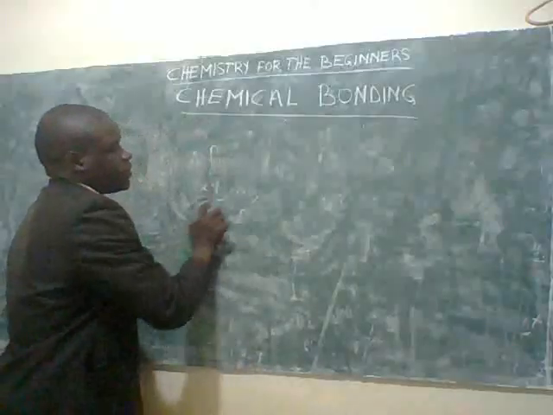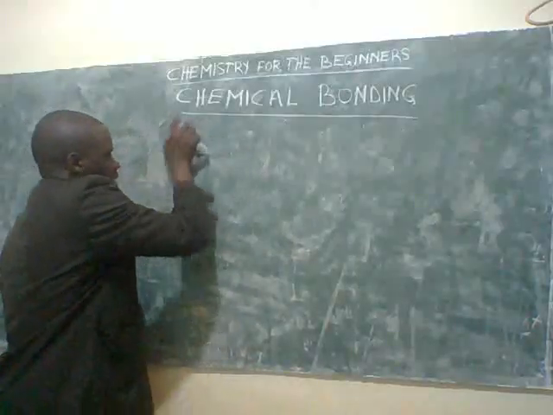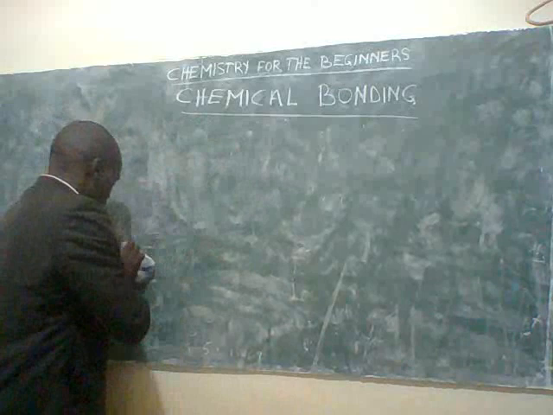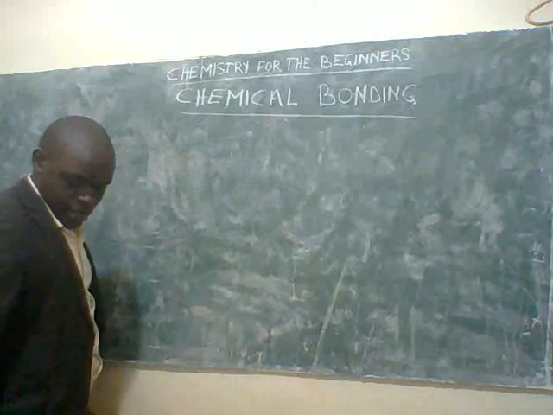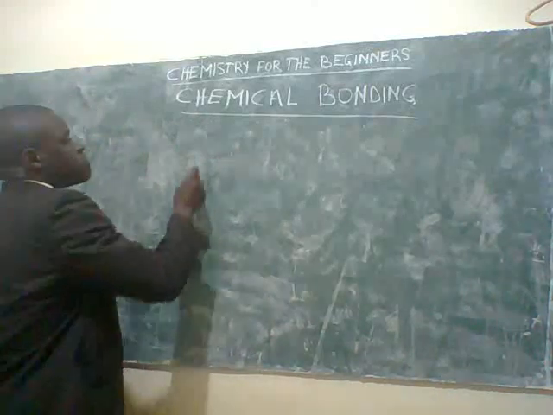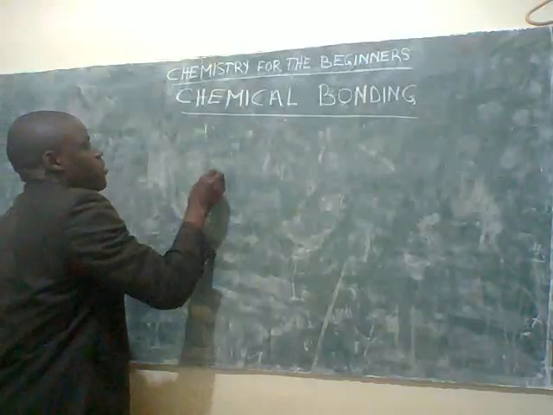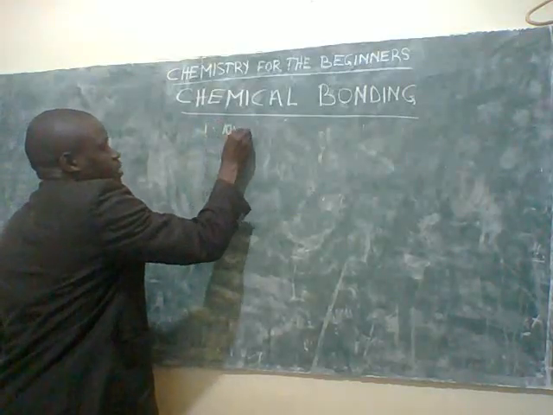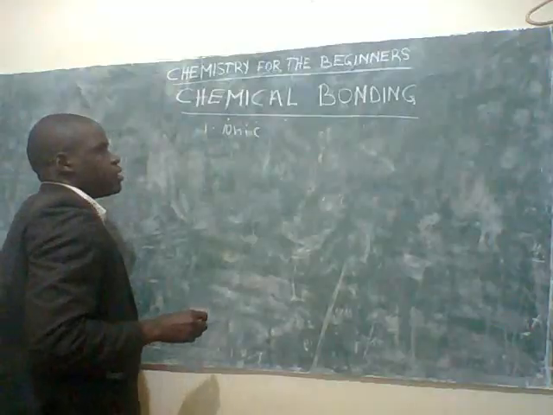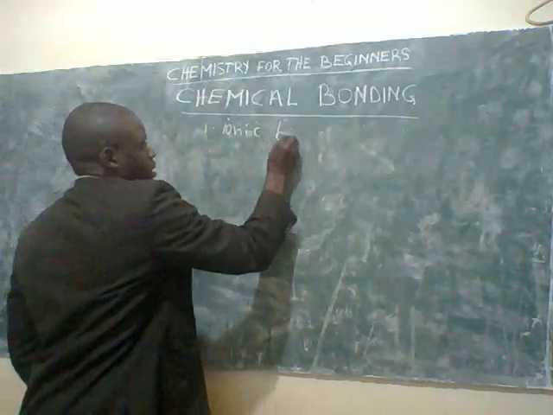So the types. Type number one, we have to learn about type number one. It was ionic bonding.